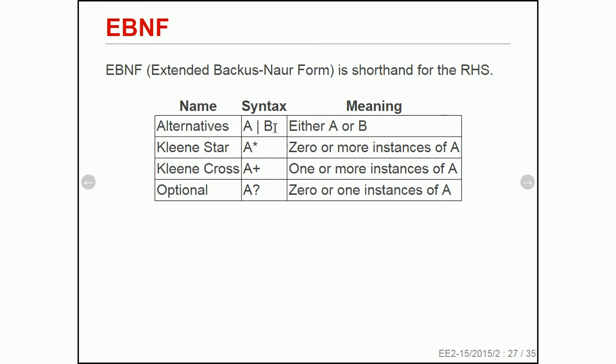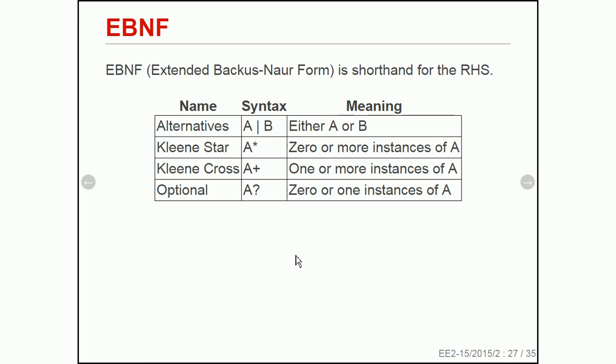So the first thing that we add beyond just classic sort of formal grammars is this alternation thing, where we say A pipe B to mean either A will appear in the derivation or B will appear in the derivation. And it's either or. It's not neither A nor B can appear, or A and B can appear. It's sort of like an exclusive or kind of alternation. Alternation is the equivalent to writing two rules in a formal grammar, except here you can just move both of them into a single definition.